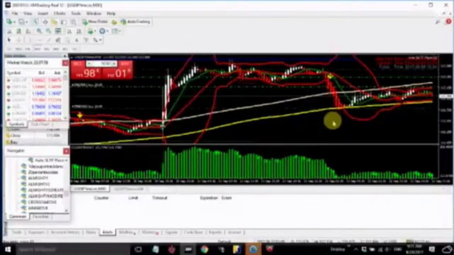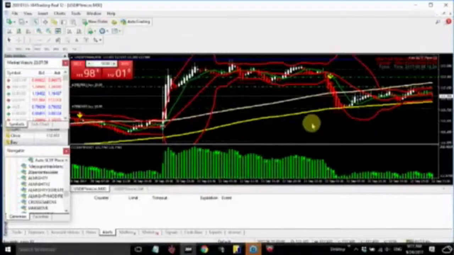Now let me tell you, when you apply this Bollinger Band period 20 on the 4-hour time frame, there is only one characteristic. The price is trending on the upper band of that Bollinger Band if we are really up, if the moving average 200 is trending up.